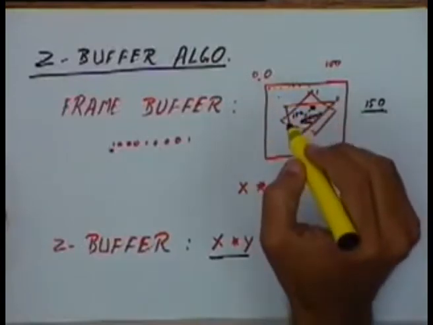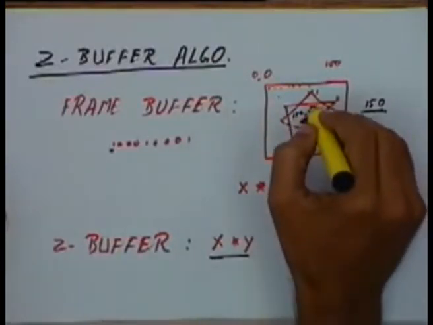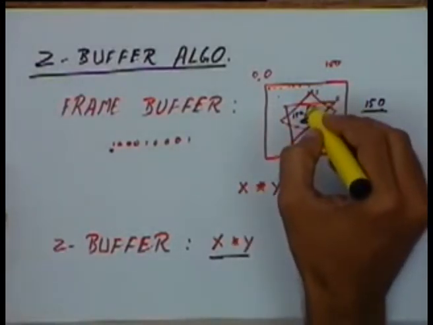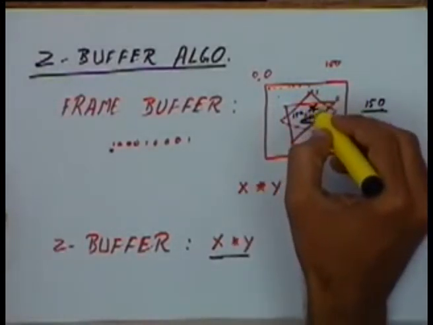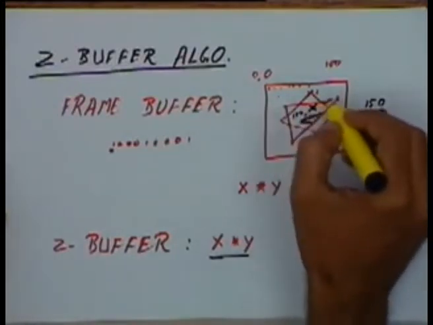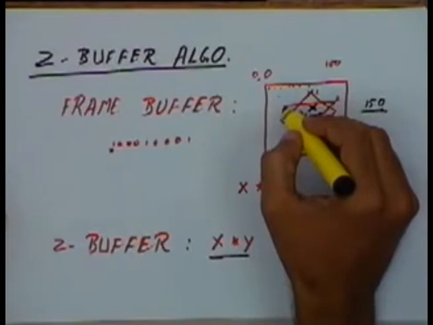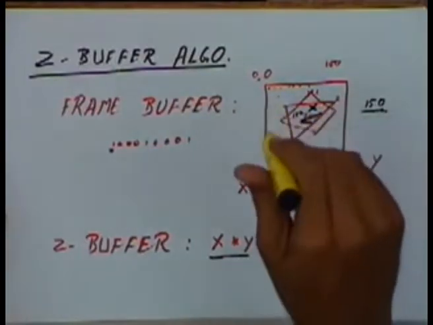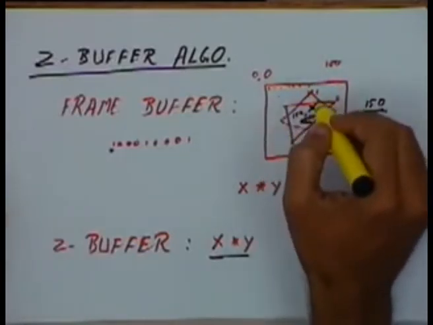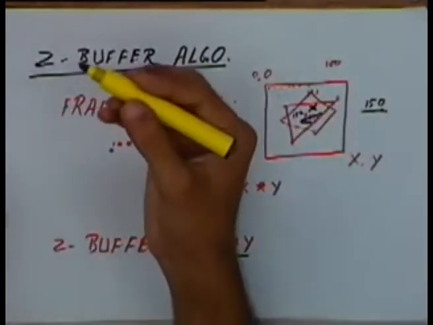Comparing this point with the same point which would be there in the other polygon? Yes, so it will compare the depth at this pixel for polygon number 1 with the depth at this pixel for polygon number 2. At this pixel it will compare the depth of each of the polygons, and whichever is the closest to the eye, that will be displayed.